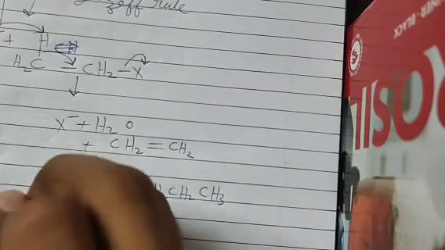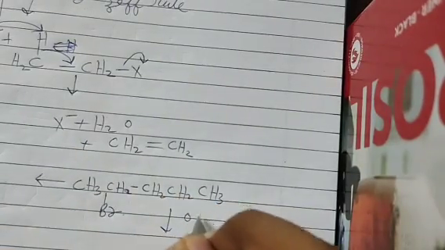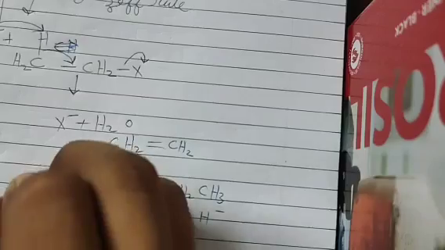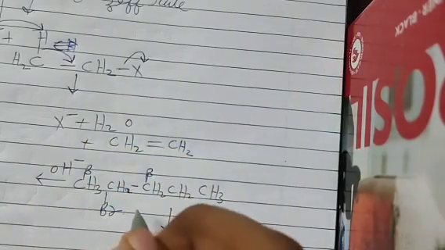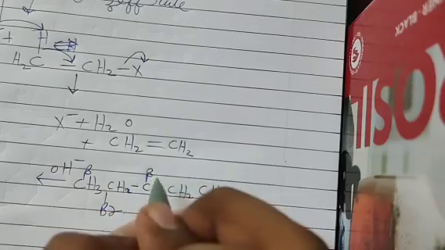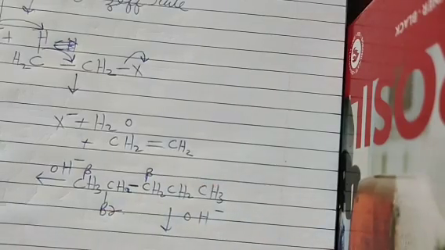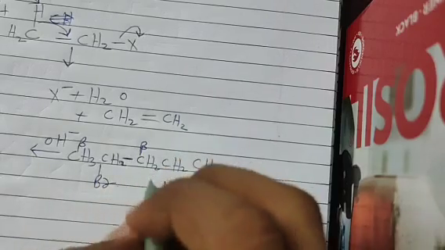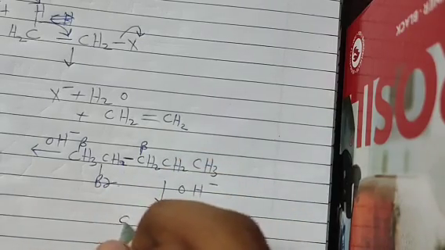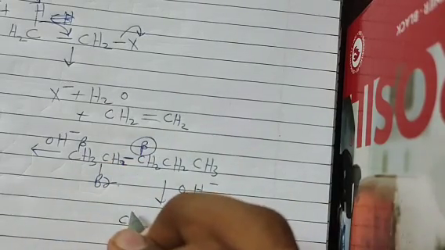Now when you are reacting with this base, OH minus, and here also OH minus, so this is beta and this is also beta. So two beta hydrogens can be removed. Which one would you remove? Suppose I have removed from the first one. This one I am removing.